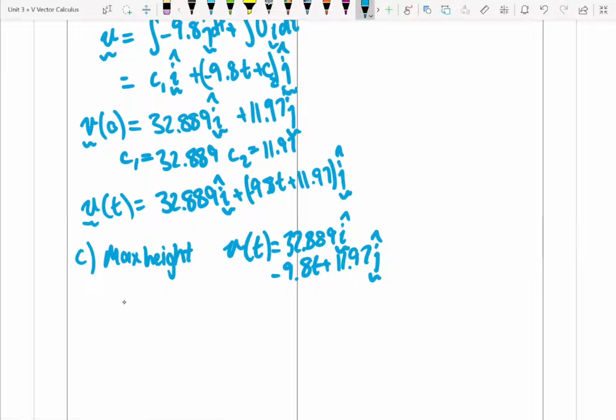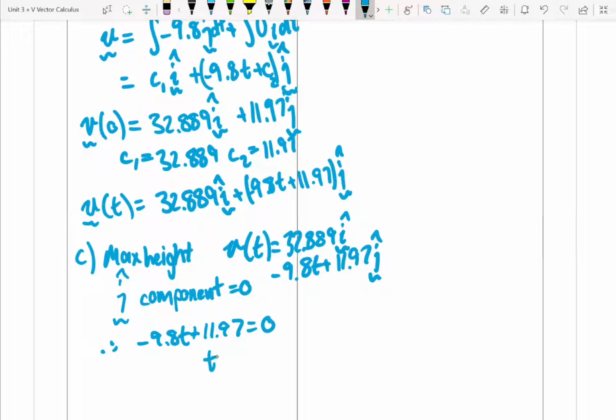So that's when the j component is equal to 0, because that means it's slowed down to a stop and it's starting to fall. So therefore, negative 9.8t plus 11.97 equals 0. So t is going to equal 1.22.